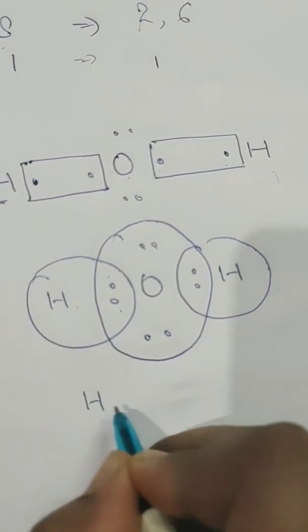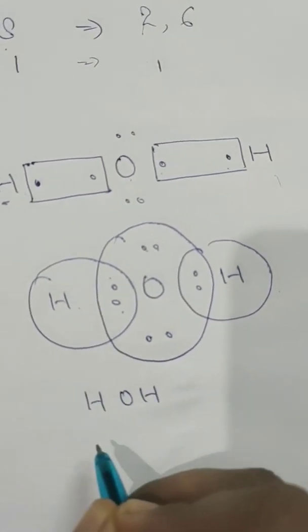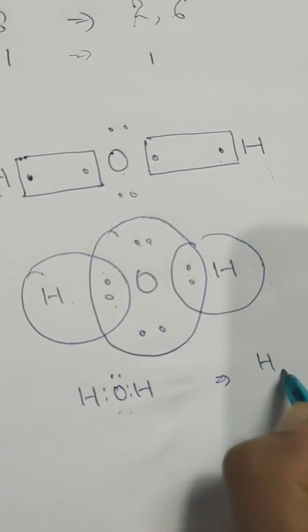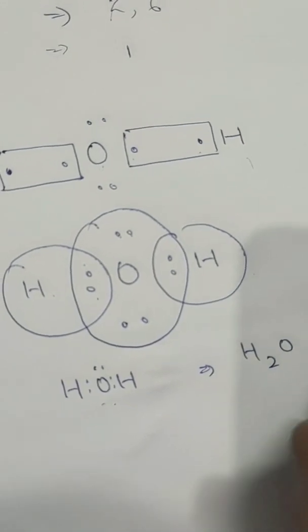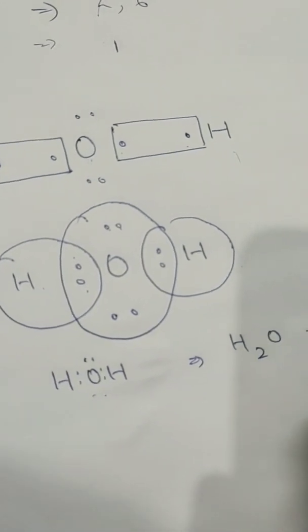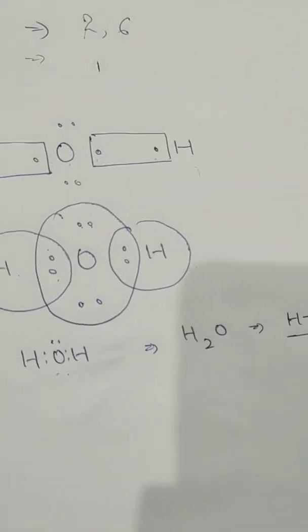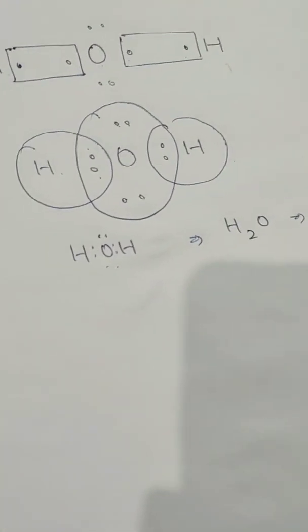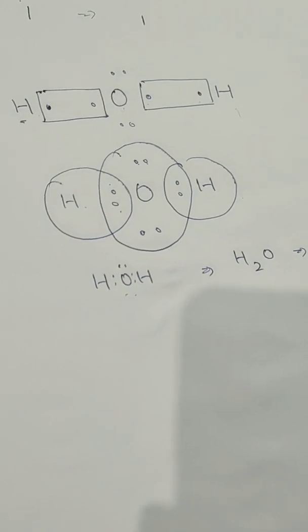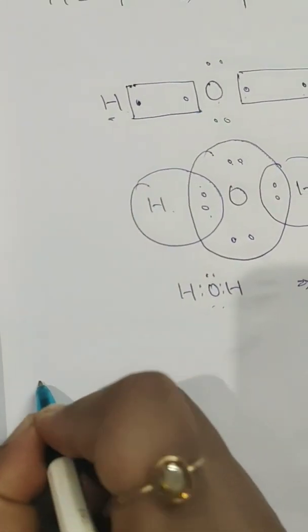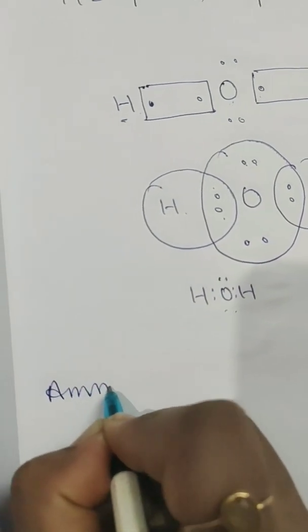That means it's HOH, which means H2O, or we can also write HOH. Although it's a single bond, this is also a covalent bond. Now another example we'll be taking is ammonia. Ammonia molecule.